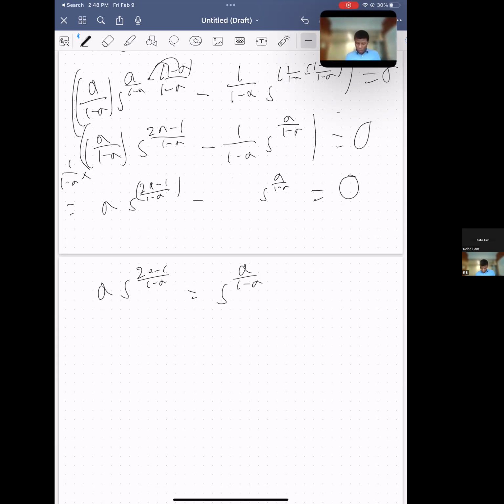And so if we raise both sides to the 1 minus A, or rather what we can do instead, we can actually divide both sides by S to A minus 1 and 1 minus A. And so it's gonna be a little funky, but we're gonna do this because we can utilize those properties and subtract things out.